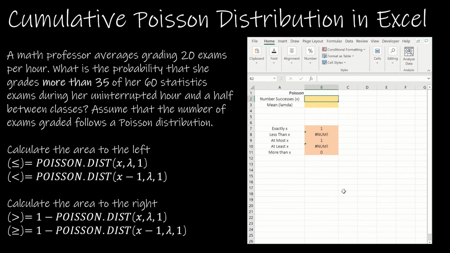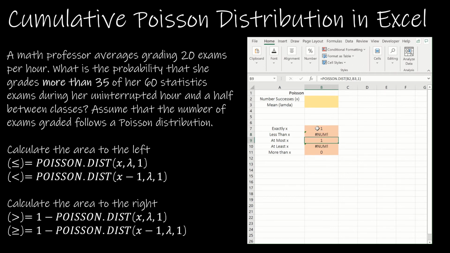So let's talk about those equations. Exactly x, again, is exactly what we just did: the x value, the lambda value, and 0 for cumulative. If I want less than, that's Poisson dist, I'm going to take 1 away from the x value because I don't want to include the value that I'm given. I want to go only less than that.